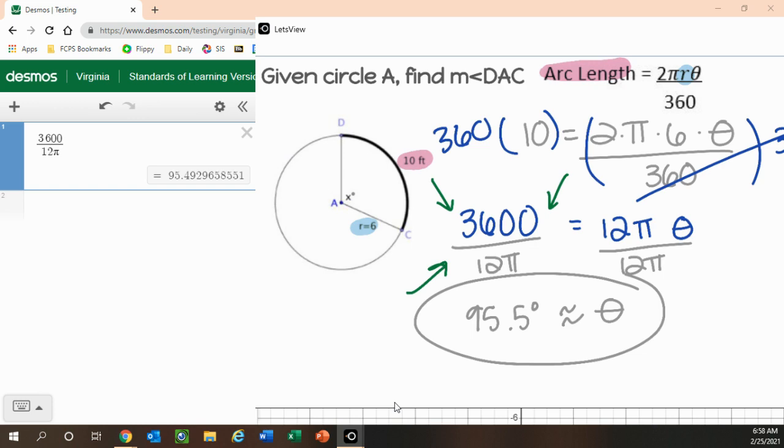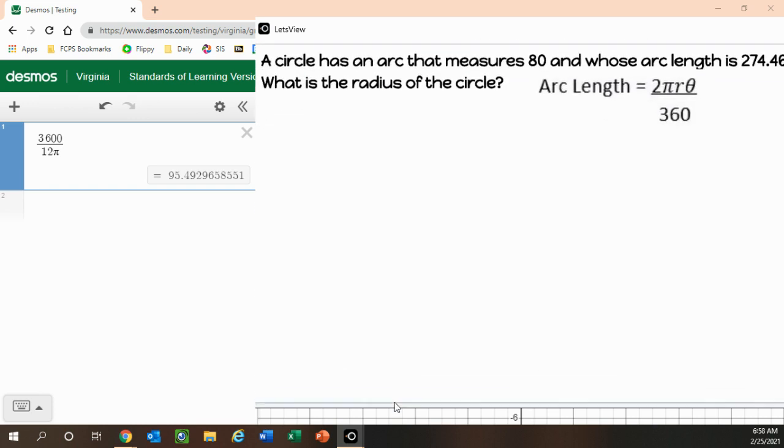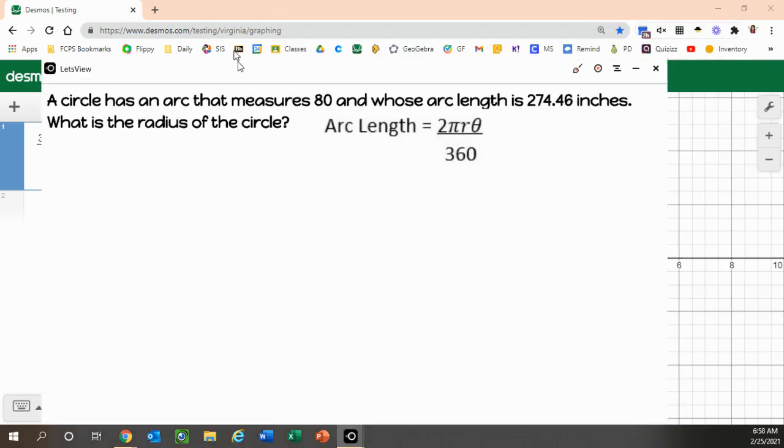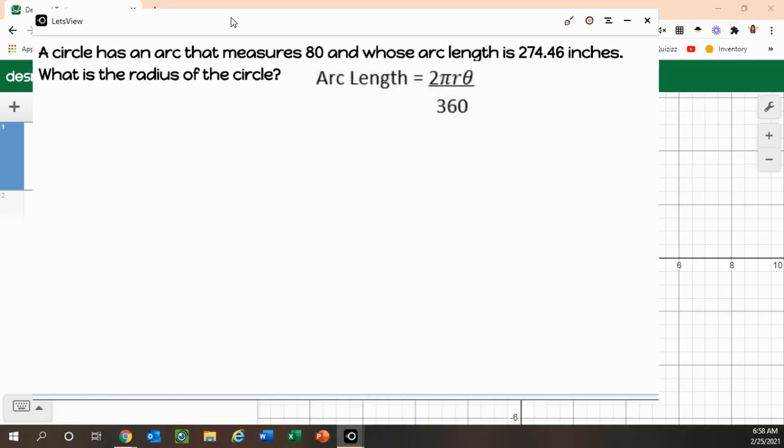I'm going to do one more working backwards example. A circle has an arc that measures 80. Arc length is 274. What is the radius?